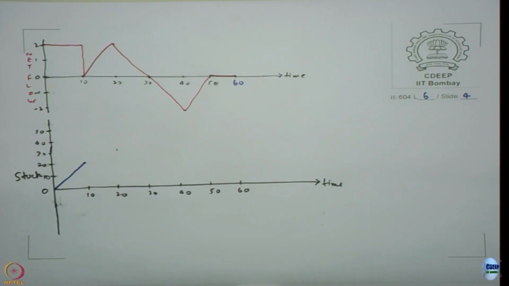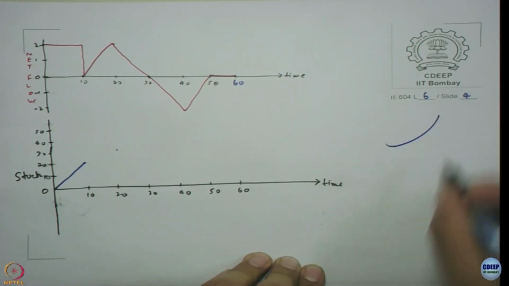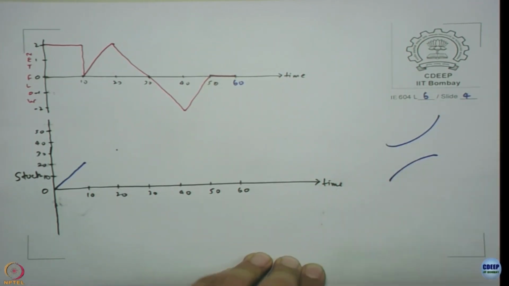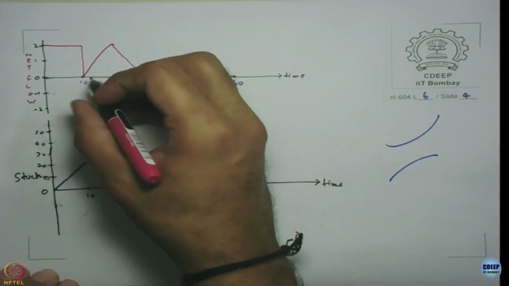Which side? Is it going to be like this, or is it going to be like this? First one. The simple reason: the rate is increasing.